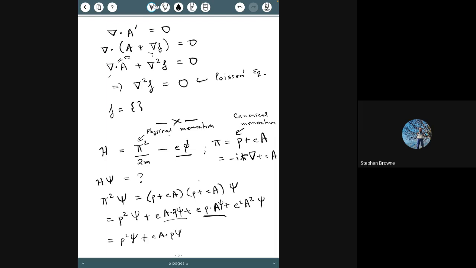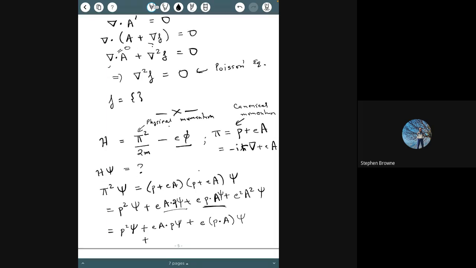But here we apply the product rule of derivatives and we get something where P acts only on A and psi is multiplied, and you have another term where P acts on psi and A is multiplied.